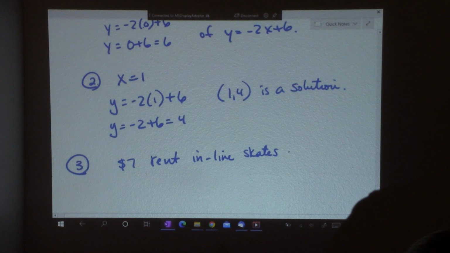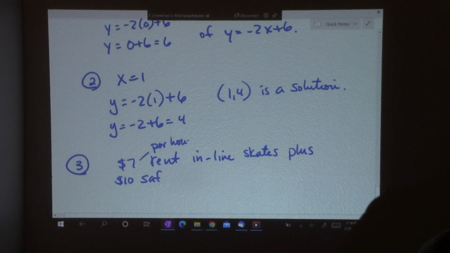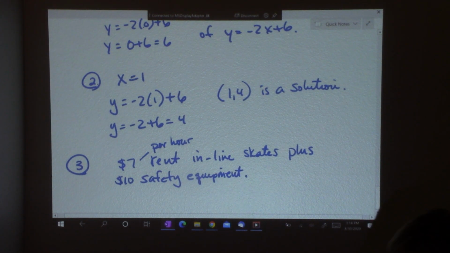And then you also have to have plus $10 for safety equipment. Oh, sorry, this is per hour. All right. So you pay $10 just once. Maybe that's knee pads, a helmet, elbow pads, whatever you want, or whatever they're giving you as a package. And then it's $7 per hour.